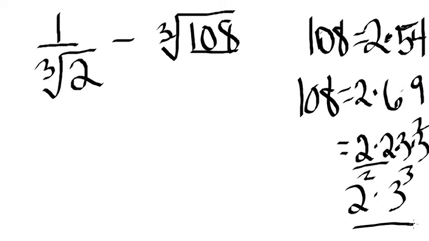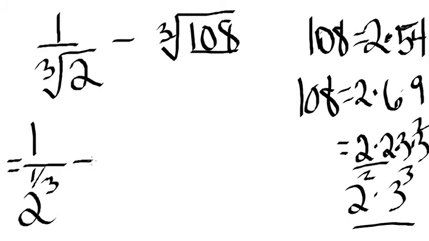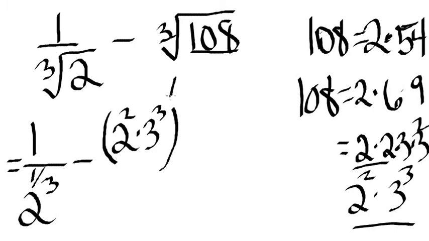That's what we're going to use. Alright, so let's go ahead and rewrite over here. So we have 1 over, I'm going to go ahead now and convert it over to exponential form, minus, now this 108, I'm going to write 2 squared times 3 cubed. Okay, it's all raised to the 1/3.